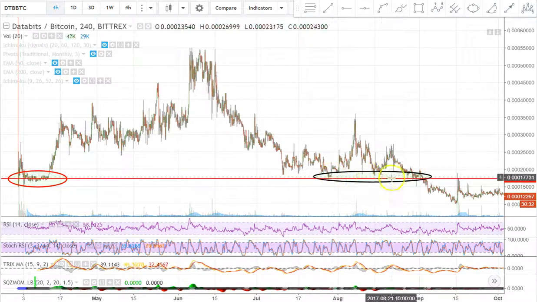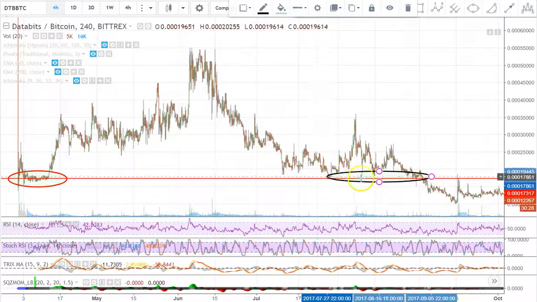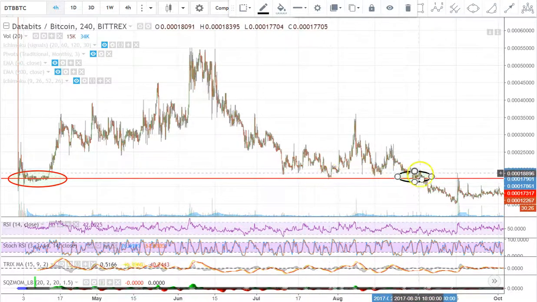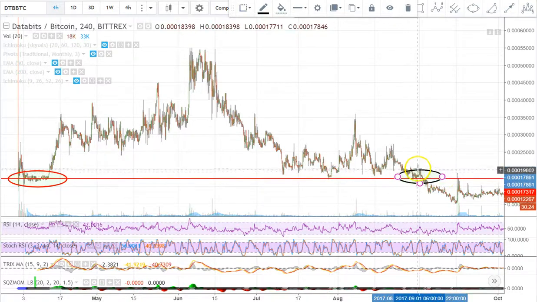So you could say, okay, I'm going to buy here because it bounced before. That's at the price of 17,000 satoshis, for example. And you say, okay, if it goes below this red line, I'm going to sell. And that's 16.8 thousand satoshis.